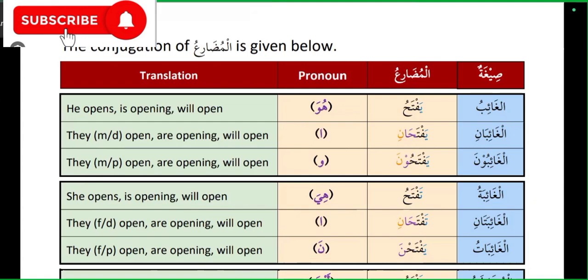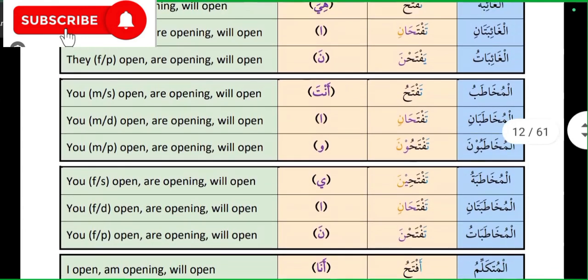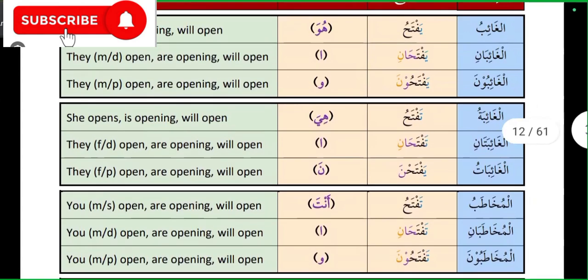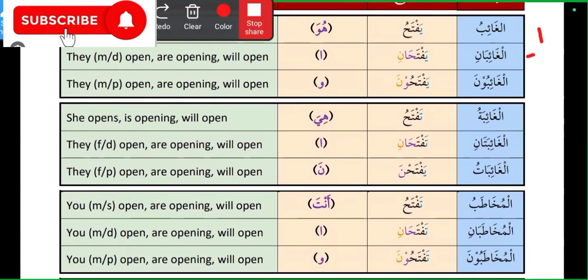Then we will move on to siga number 7, which is again taftahu. Let me mark it for you first: 3, 4, 5, 6, and then we have 7. From number 7, we have the sigas of al-mukhatab. Mukhatab means the person you are talking to. Don't say mukhatib, that's an Urdu word.